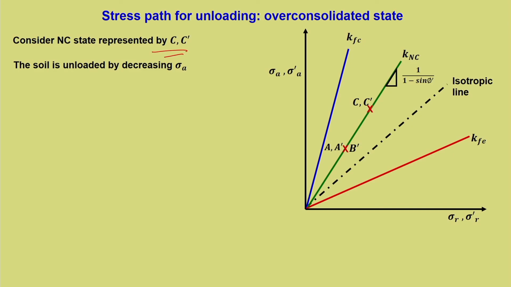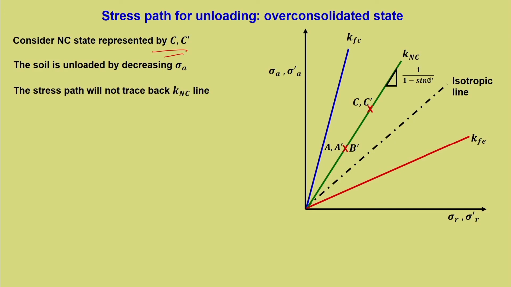We are releasing the axial stress, sigma A is released. Now, what will happen if we release sigma A? We are starting with the point C dash. Because it has started from A to C dash, does it mean that when sigma A is released, it will trace back the K and C line?